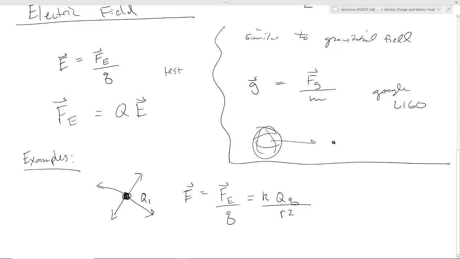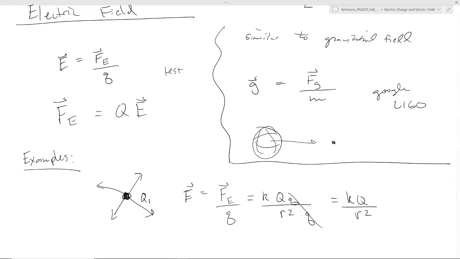If you then divide by that test charge, you cancel out one of your Q's, and the electric field due to a point charge looks almost the same as our expression for force, except it's KQ over R squared. So we've lost a factor of charge.